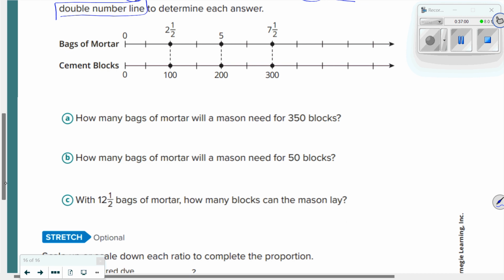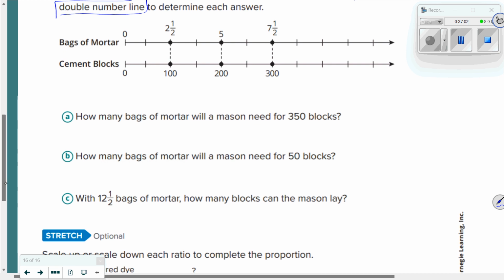Make sure you're using the double number line to figure out where you need to be. So I need to get 350 blocks, 50 blocks, and then 12.5 bags of mortar. You'll need to add those 3 intervals onto your double number line. I'll give you a hint. They did give spaces for them to all occur.